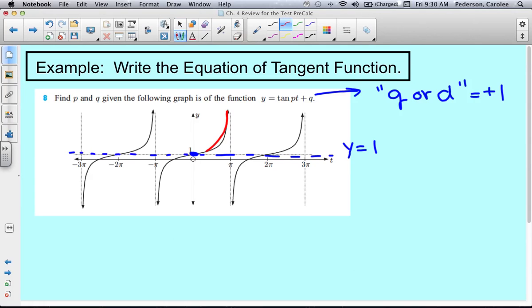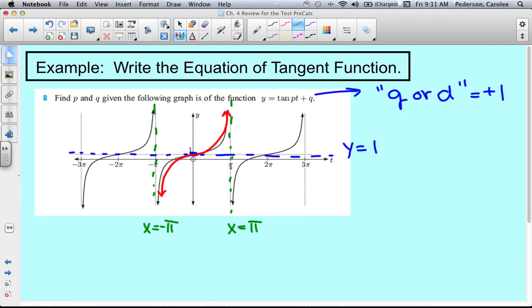Then let's talk about, here is my 1 revolution for my snake, and then it has some vertical asymptotes. These asymptotes equations are at x equals negative pi and x equals pi. Those are my vertical asymptotes. How long is 1 revolution?